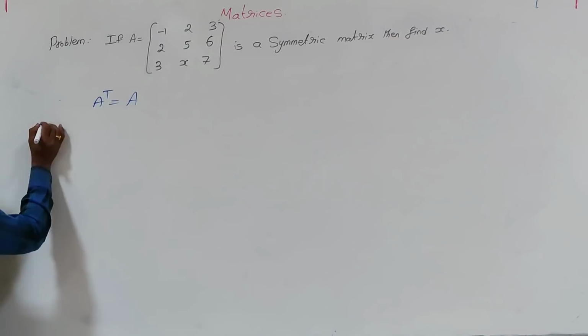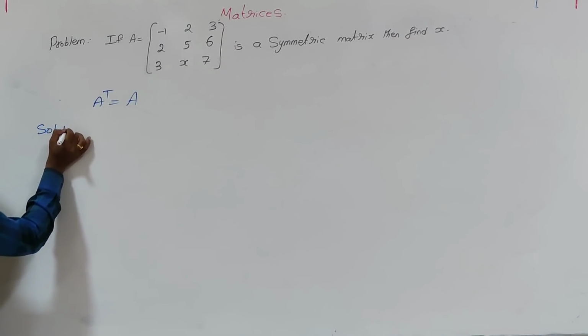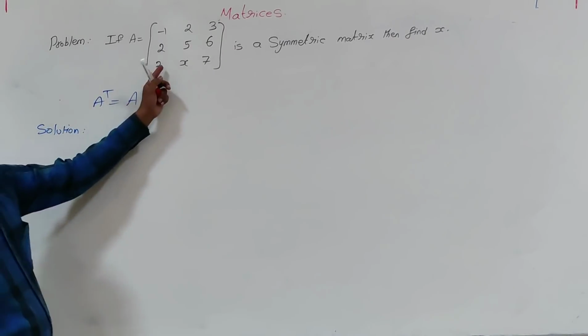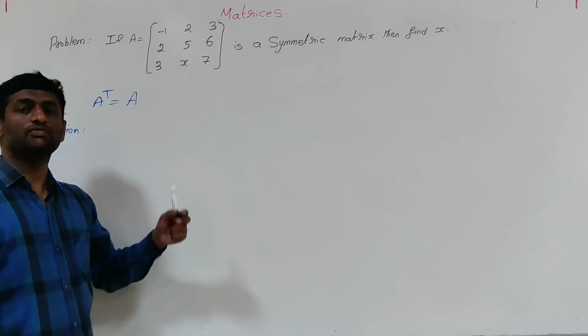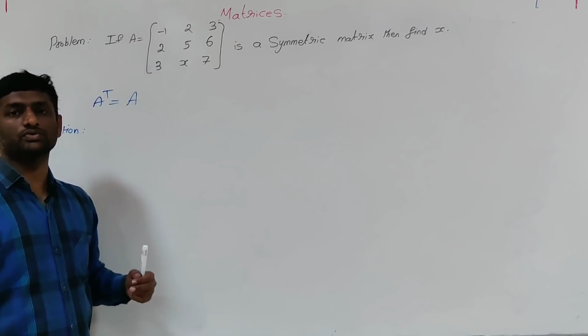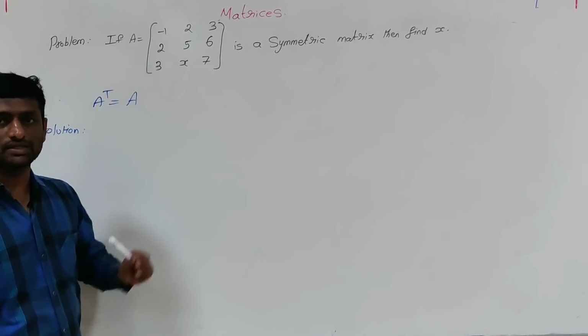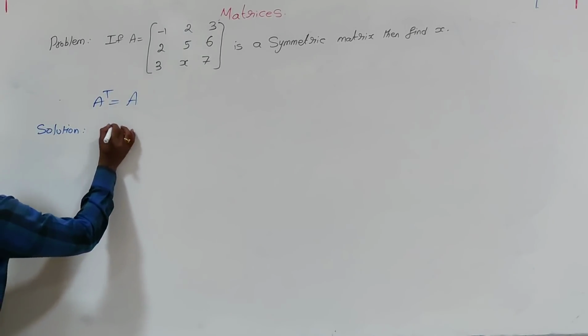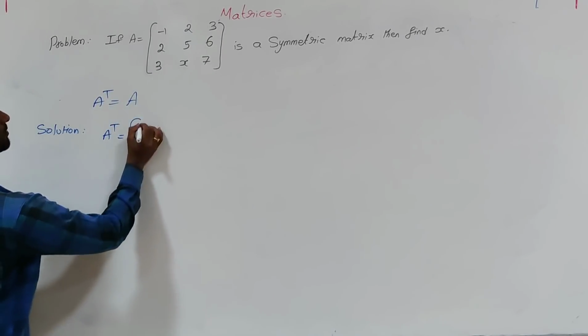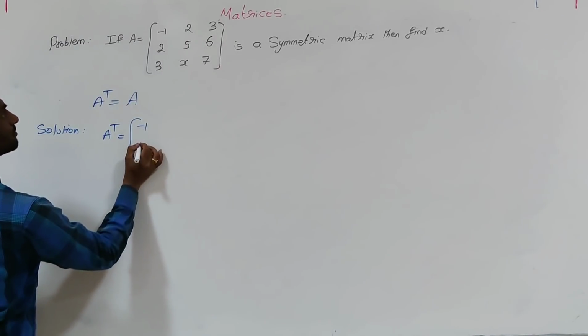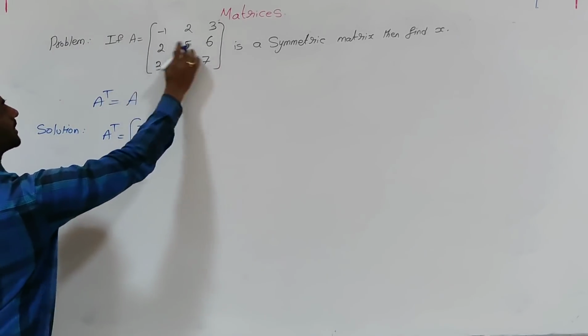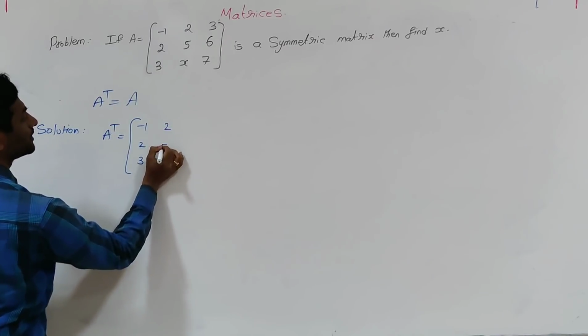Now we'll see this solution. What is given? This matrix A is symmetric. Means if we interchange the rows and columns also, we will get the same matrix A. Now we'll go for A transpose. The first row becomes the first column: minus 1, 2, 3. Second row becomes the second column: 2, 5, 6.